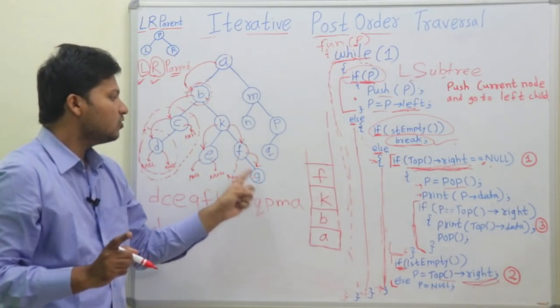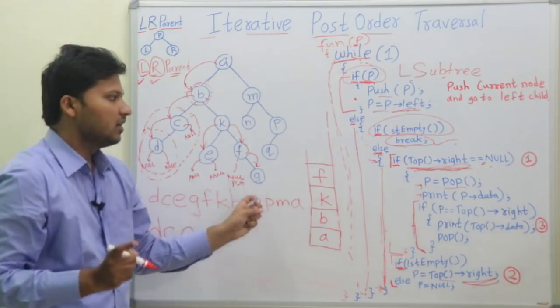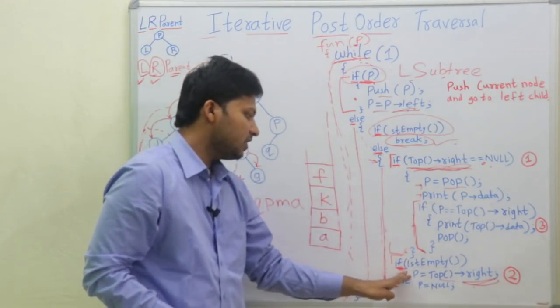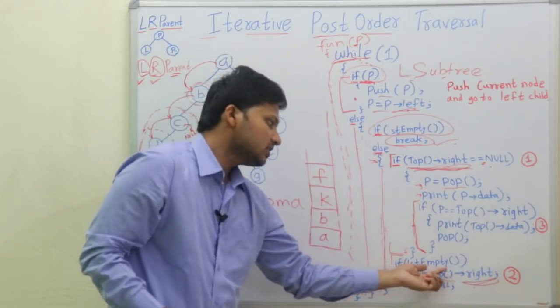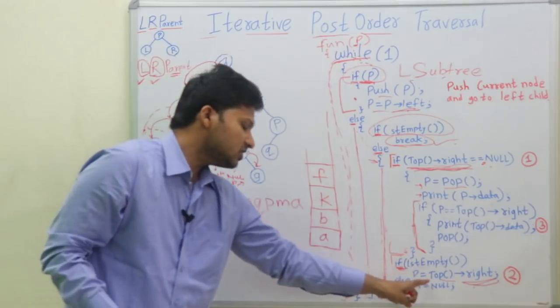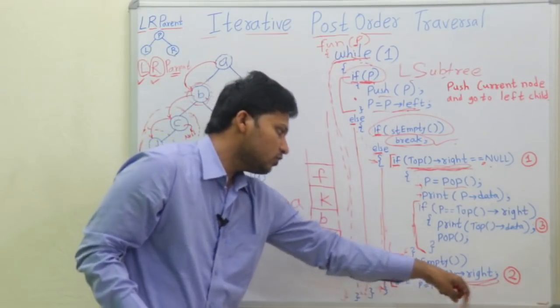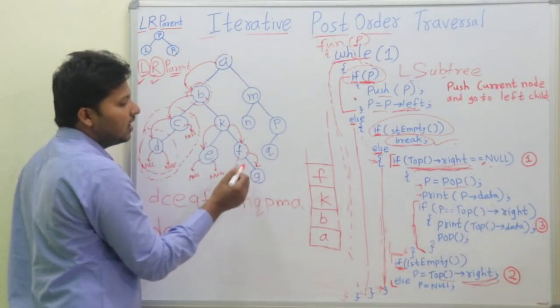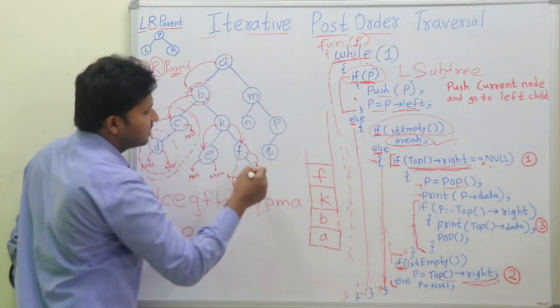There are nodes in the right subtree. So this condition is not satisfied, so we go in next if condition. So if stack is not empty, see, stack is not empty, so this condition is satisfied. So here P is equal to top points right. So as the right subtree is not null, let's go to that right subtree.